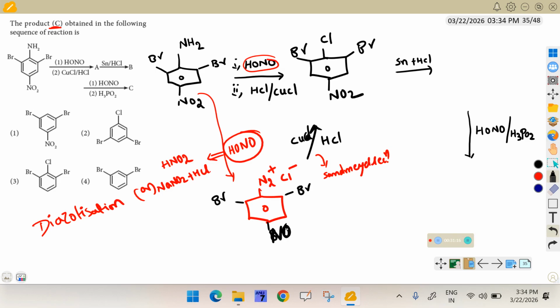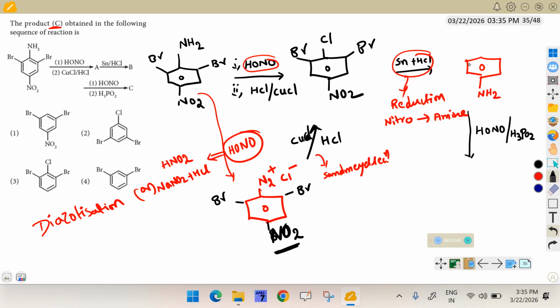Sorry, here also NO2. Now Sn plus HCl, reduction. The nitro group undergoes reduction, then it gives an amine. The nitro group is converted to amine, and the remaining stays as it is: Br, Br, Cl.